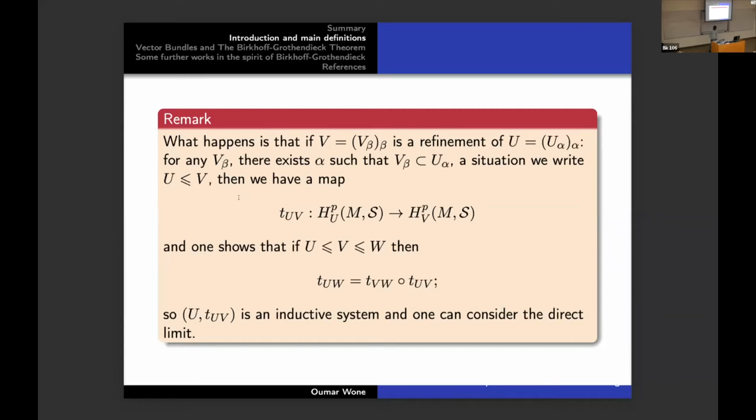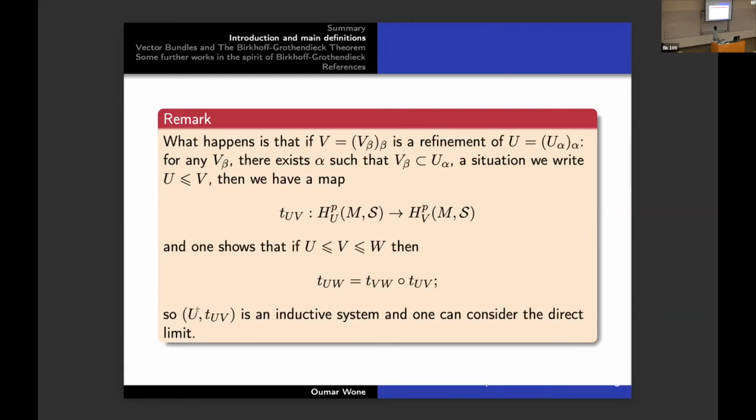Then we have a map T_UV from the cohomology of S relative to U to the cohomology of S relative to V. And one shows that if W is a refinement of V, which is a refinement of U, then we have this relation: T_UW equals T_VW composed with T_UV.